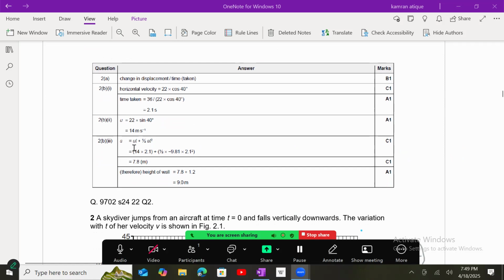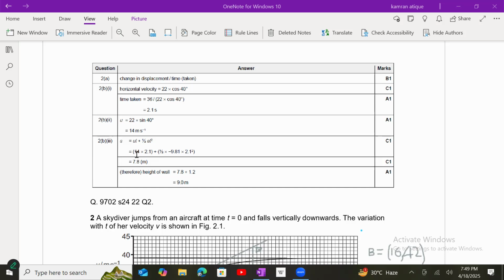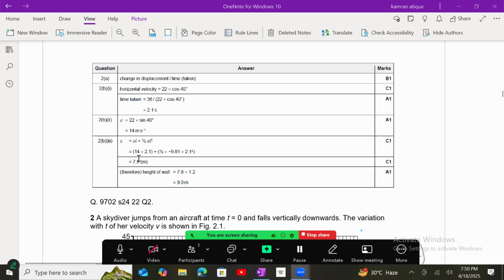So in s equals ut, u stands for the initial vertical component. As I have already told you, I'm considering the vertical journey here. So in the vertical direction, we have an initial speed of 14, while the total time of this journey, when the ball is released from the hand and reaches the wall, is 2.1 seconds.